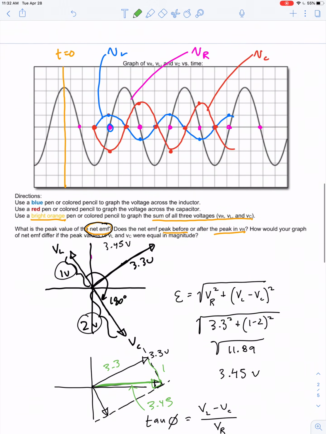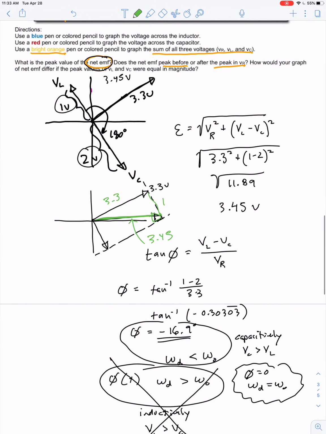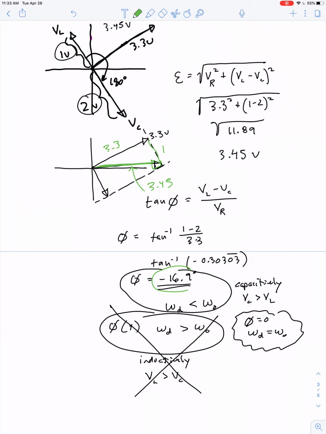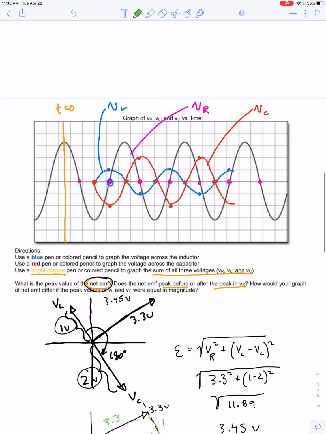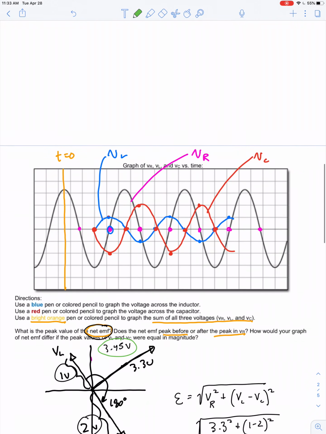So let's see if we can draw this in. Because the phase angle is negative, then I know this 3.45 voltage comes a little bit later in time. The voltage from the generator is lagging behind the voltage across the resistor. So I guess the angle from, let's pick 2 points, from there to there is an angle of 360 degrees.